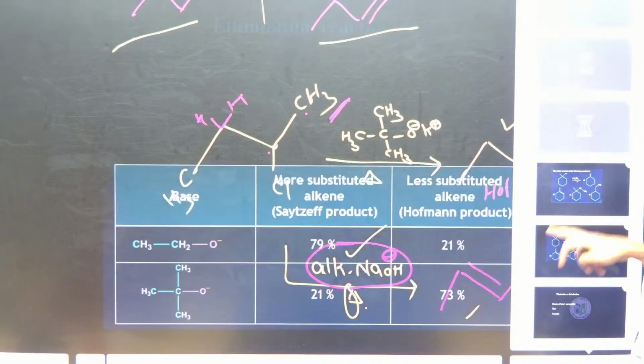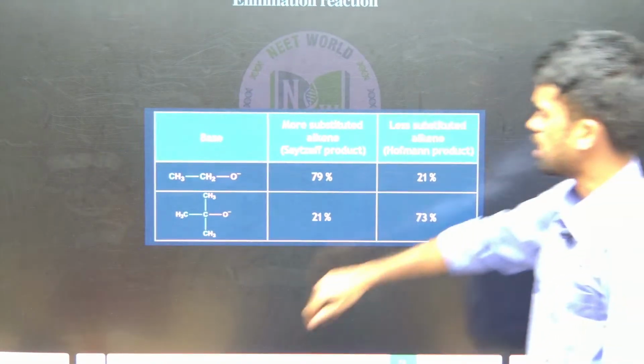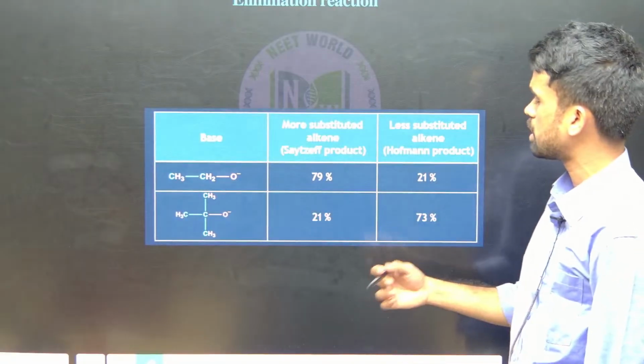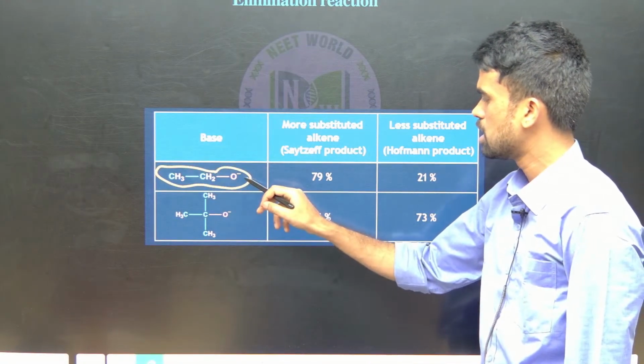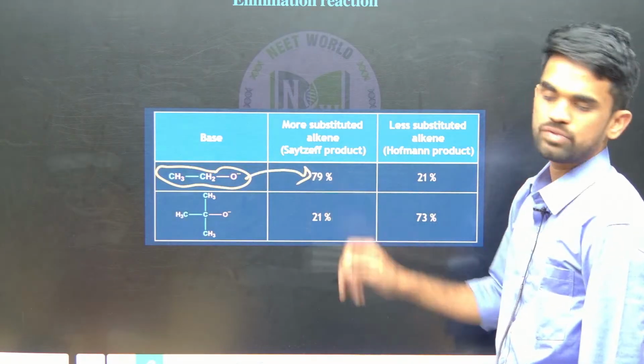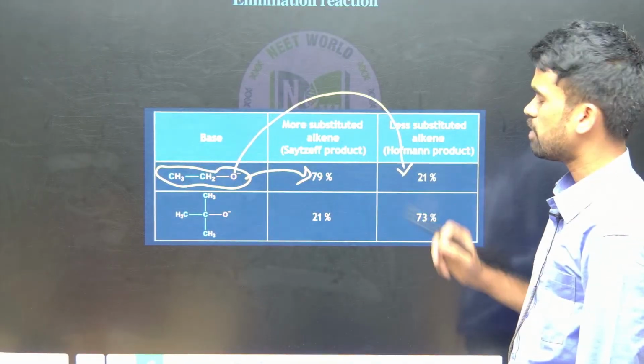Okay, yeah. So if you want to check their experimental data, see, the more stable alkene, that is internal alkene, Saytzeff product, is major when your base is small. See, this is a smaller base compared with this. In that case, 79% of Saytzeff product we are getting, and just 21% of Hofmann product.